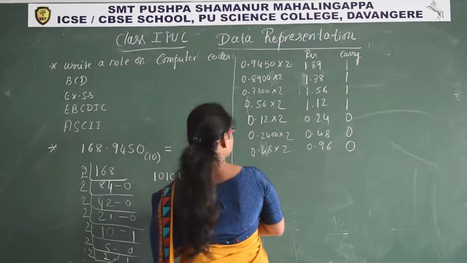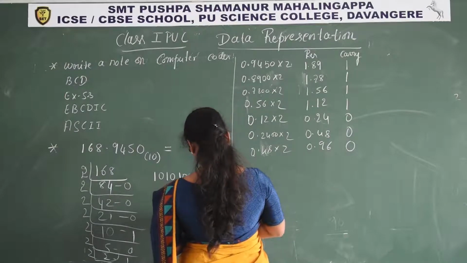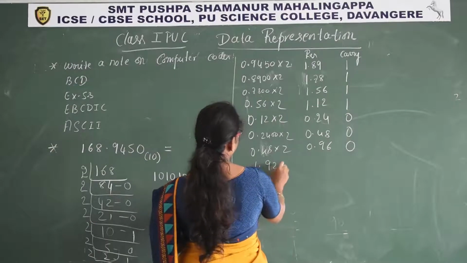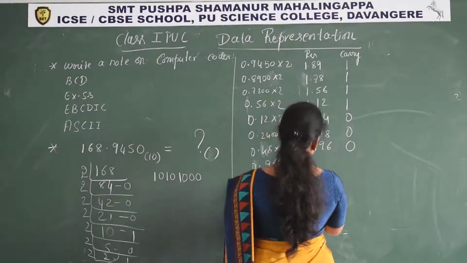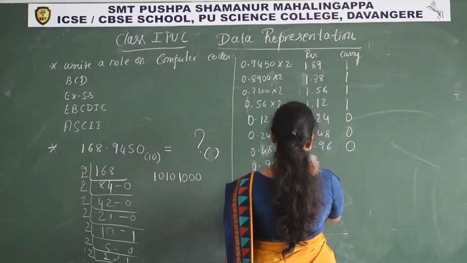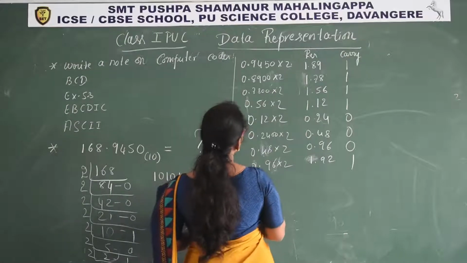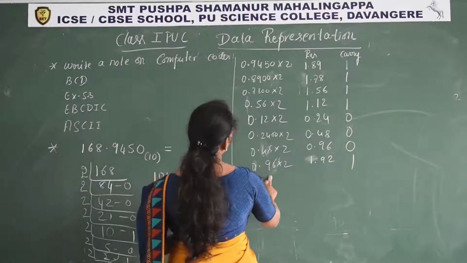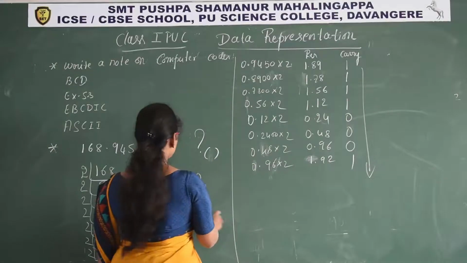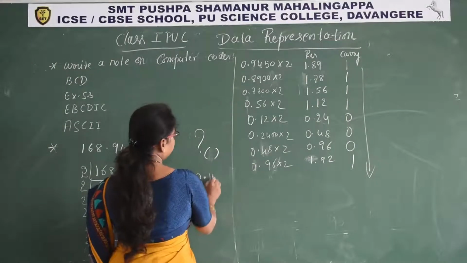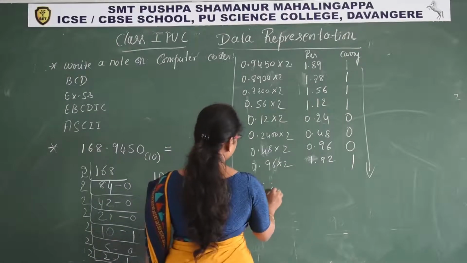Now 0.96 into 2 is 1.92, 1 is a carry. Now again we get the same value here. You can stop multiplying. So the result is 0.11100001 base 2.